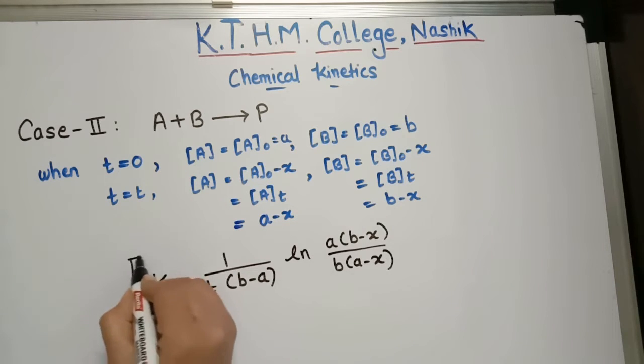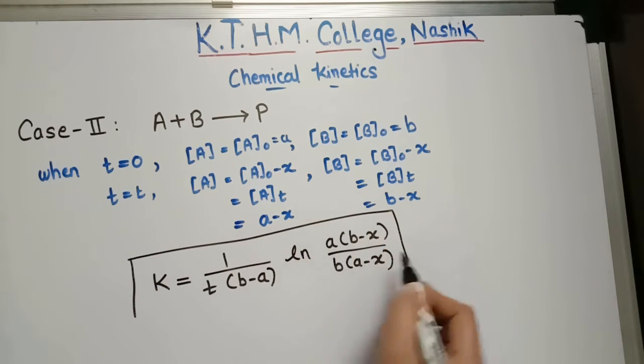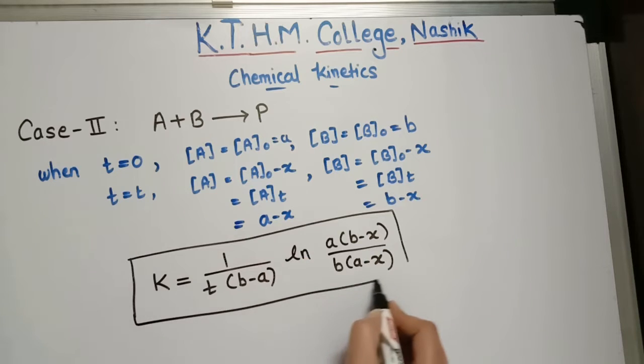This is the equation for the rate constant of a second order reaction when the two reactants are different.